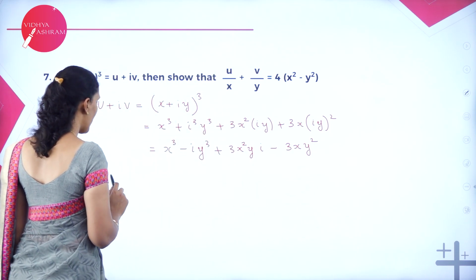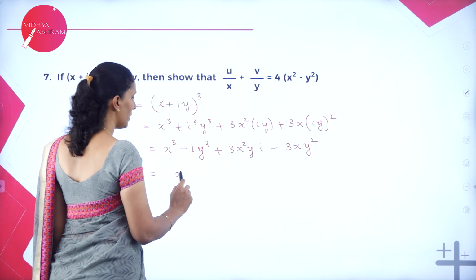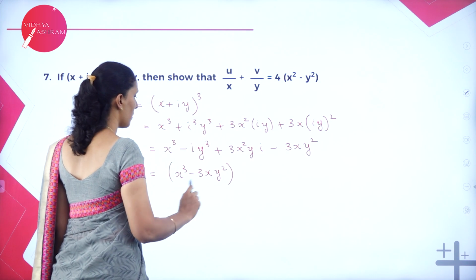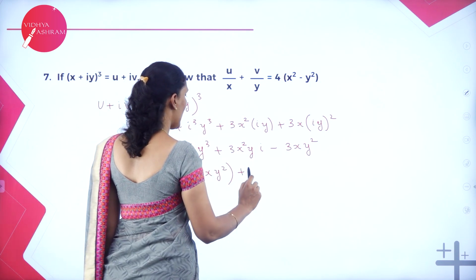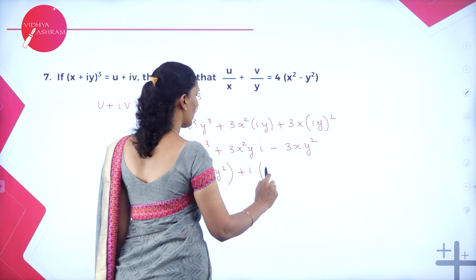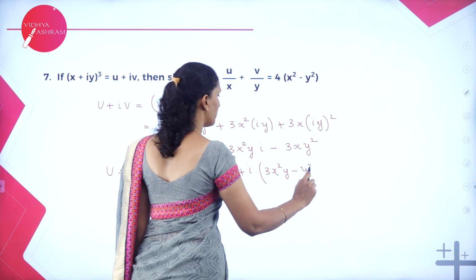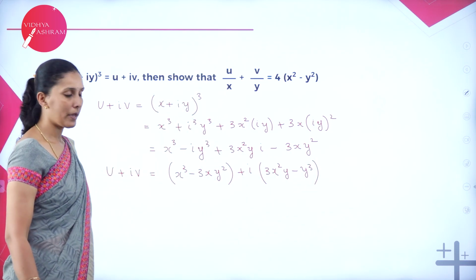Separate the real and imaginary parts. You have u plus iv is equal to x cube minus 3xy square, and here we can take plus i as a common factor. If you take it, you will get 3x square y minus y cube. Now compare the coefficients of the real and imaginary parts.